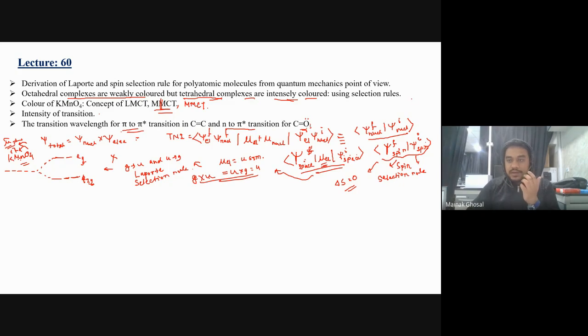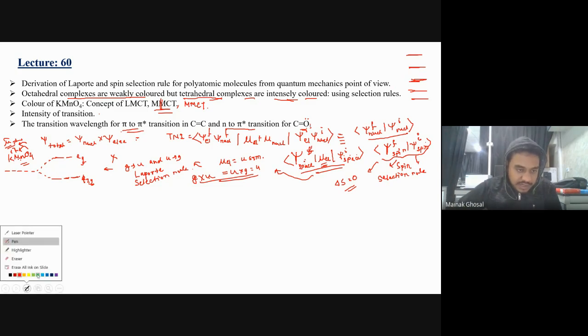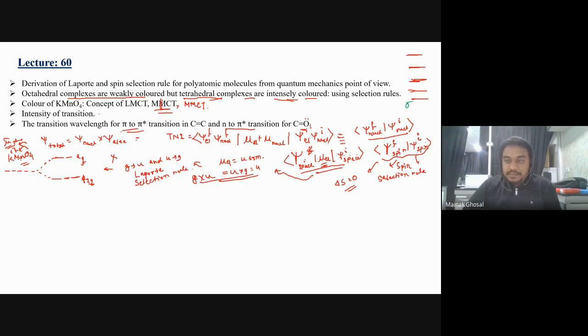Okay, so if I designate the orbitals, this is sigma, this is pi, this is n, this is pi star, and this is sigma star. These are the designations of the orbitals that are present. This is one transition, sigma to sigma star.